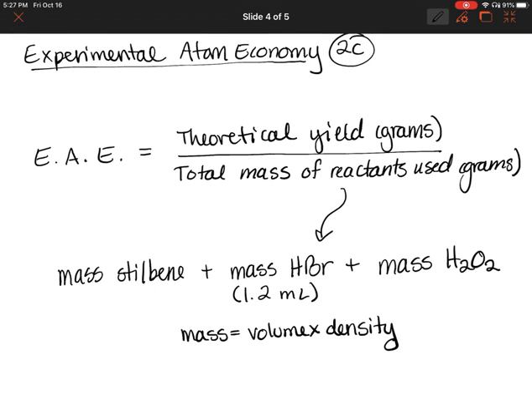So you'll have to look up the density of HBr in order to do that calculation. And then for hydrogen peroxide, H2O2, we used 0.8 milliliters. So we would do the same thing there. We would convert the volume to mass by multiplying the volume by the density of H2O2. Now remember, we used 30% hydrogen peroxide, so make sure to look up the density of 30% hydrogen peroxide.